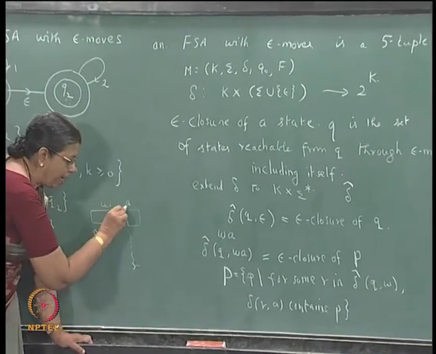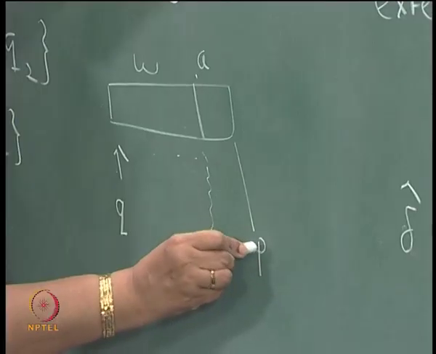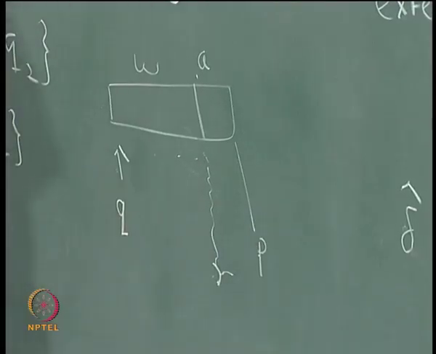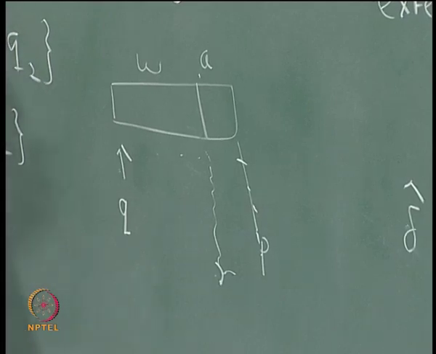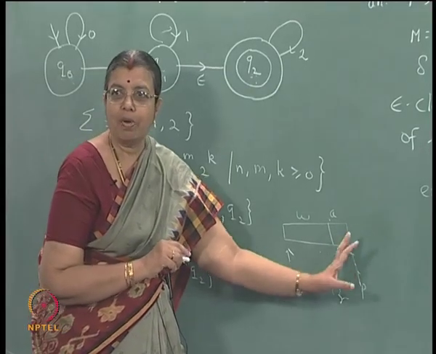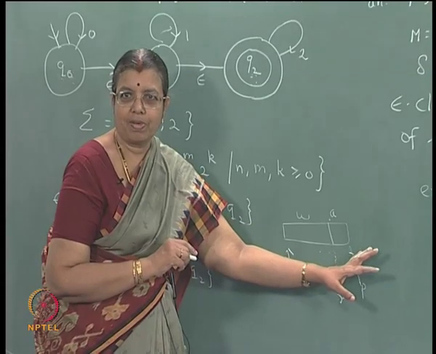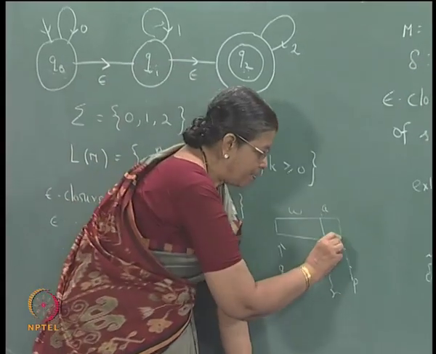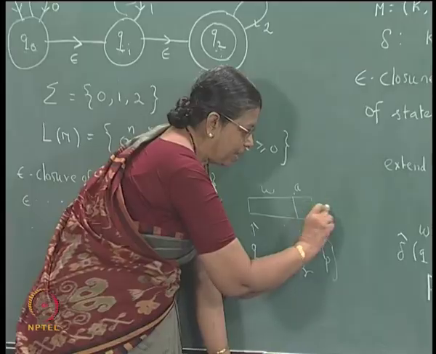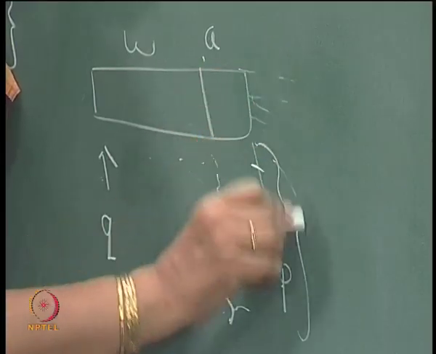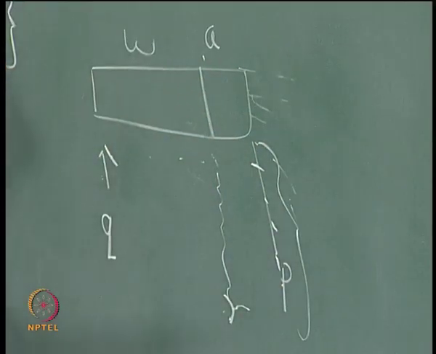From R, after reading A, you can go to certain sets of states P. Now, from such sets you can also make some more epsilon moves. So, you consider the epsilon closure of these states; you can just read epsilon and go to some more states also.